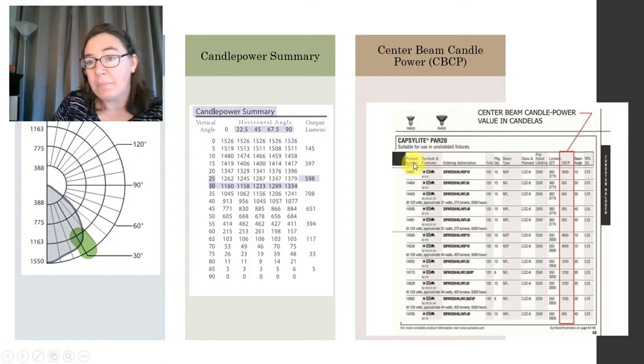And there's many different models of this particular lamp. And for each model, the manufacturer has given, way over here in this table, a CBCP value. This particular model lamp has a center beam candle power of 3000 candela. And you can just read just the one number.